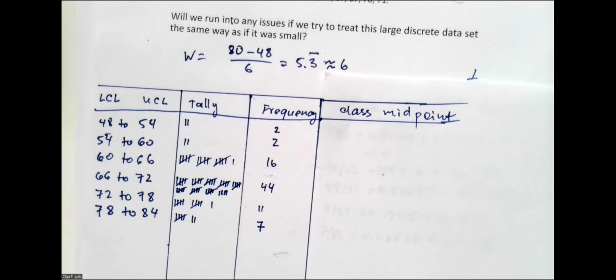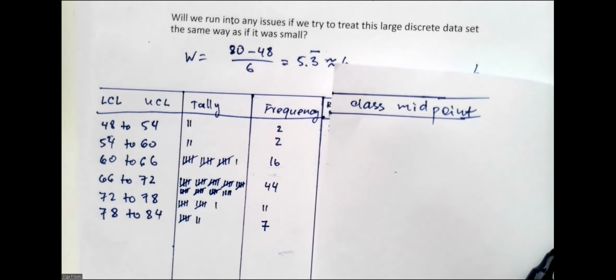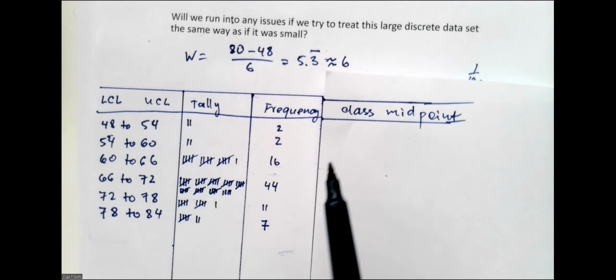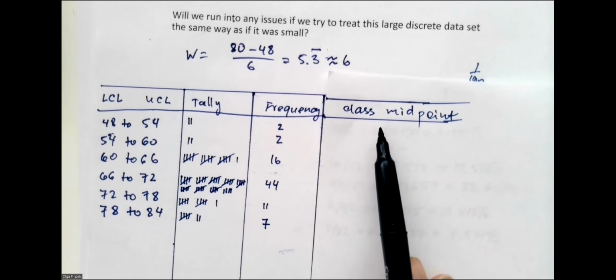So the way to go around it is to basically average all the values in this class and treat it as a representative value for that class. So that's where the class midpoint comes in.